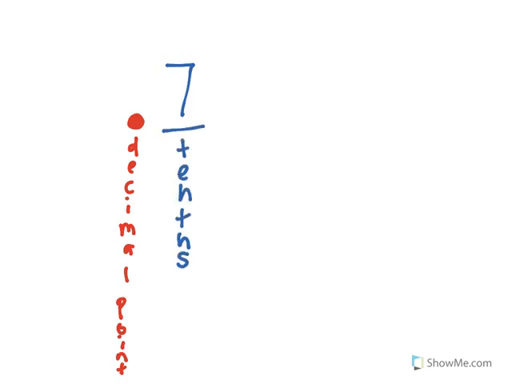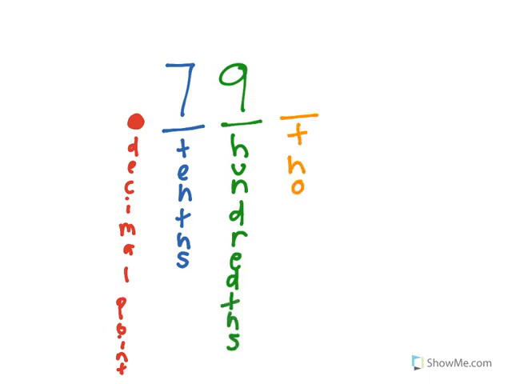We have our decimal point, we then have the tenths place, then the hundredths place, and then if you guys could guess it, the next one would be the thousandths place.